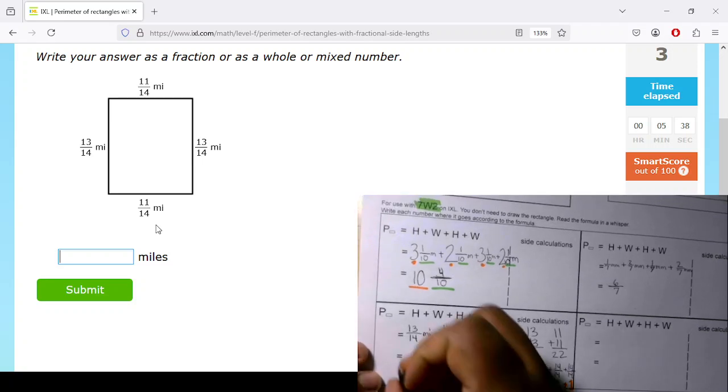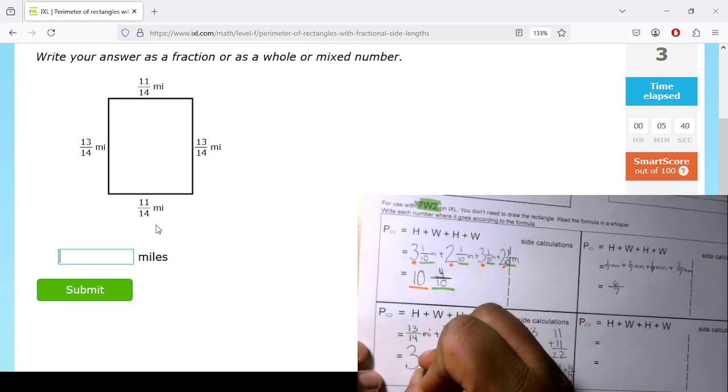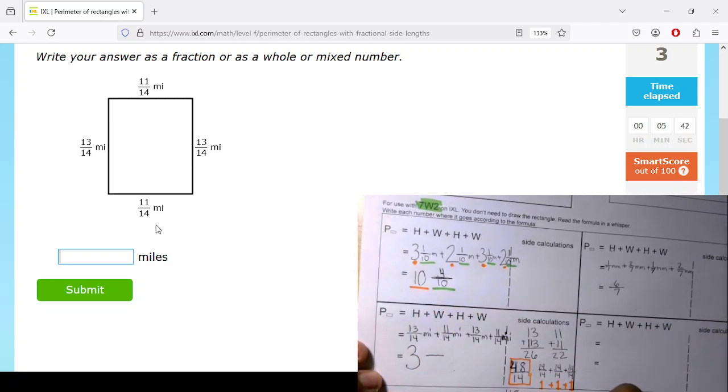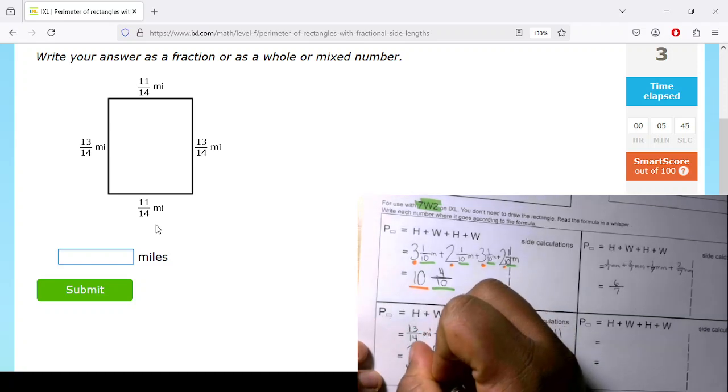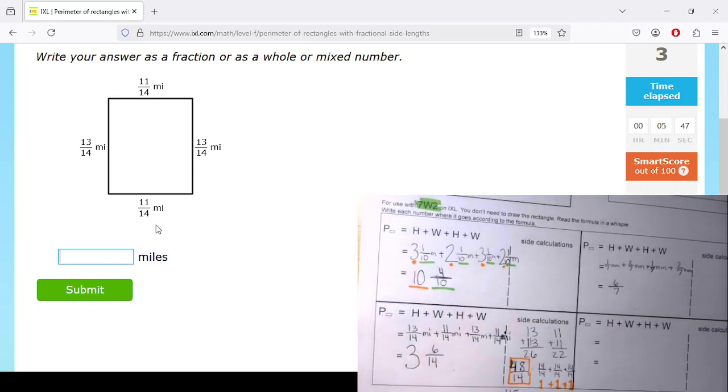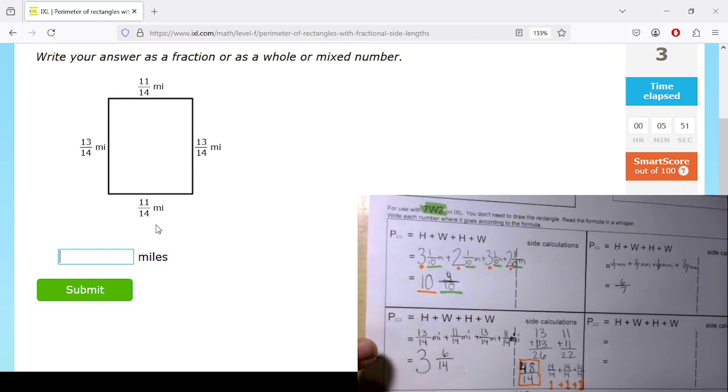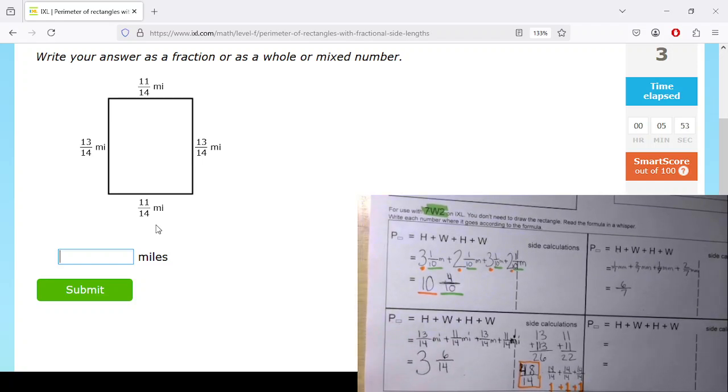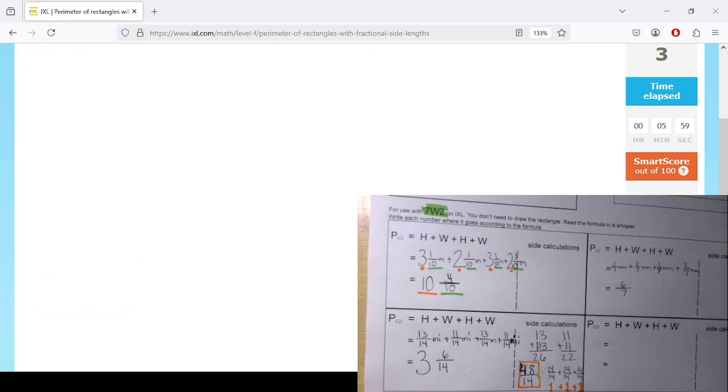So that's going to be 3. And I have 6 fourteenths left. 3 and 6 fourteenths. I took a little bit of side calculations, and if you need to do more, do more. Break it down as much as you need to. 3 and 6 fourteenths.